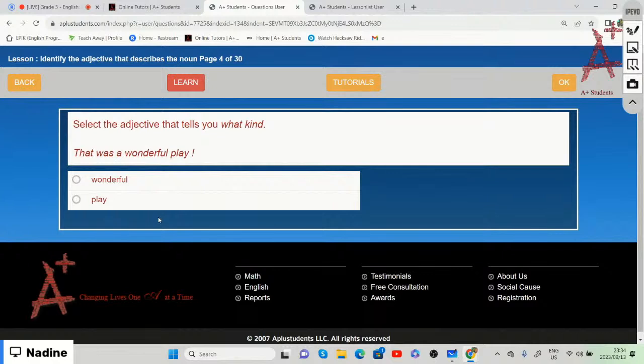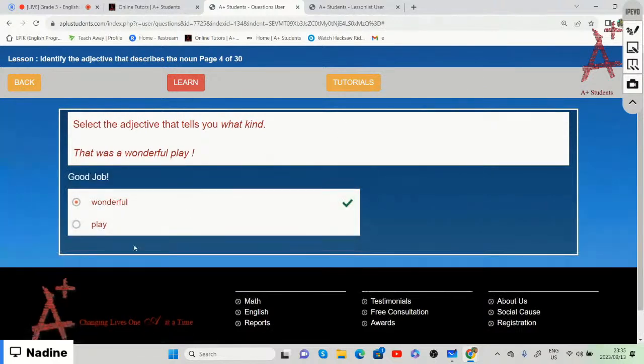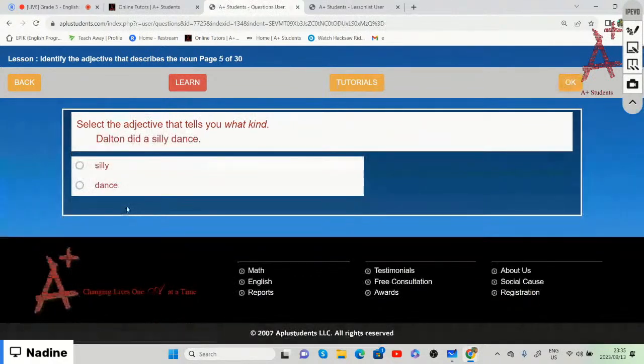That will tell us what kind of play. All right, so if we select the adjective that tells us what kind, then we will say that the play was wonderful. So that was a wonderful play. So we select the adjective, which is wonderful.